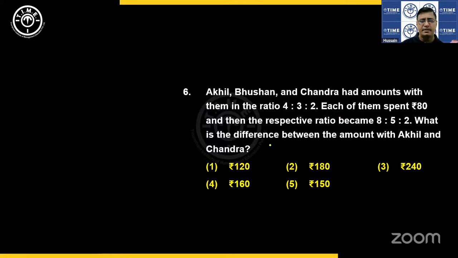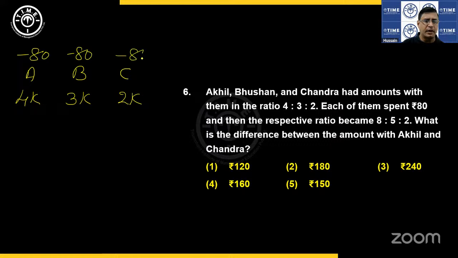So what are the amounts with Akhil, Bhushan, and Chandra? It is 4k, 3k, and 2k. Each of them spent 80 rupees. Now the respective ratio became 8:5:2. So what to find? The difference in the amounts with Akhil and Chandra.